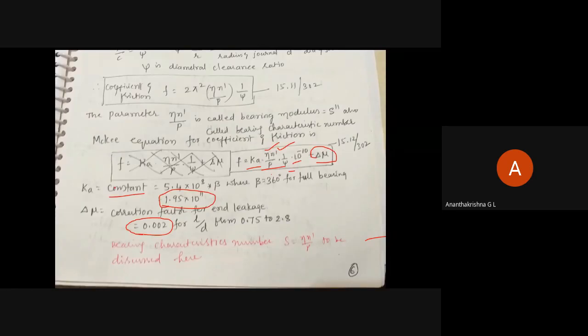Is that okay? So that is the difference between the Petrov's equation and Mackey equation. Okay, both equations are used for finding out coefficient of friction, coefficient of fluid friction. Are you all there?